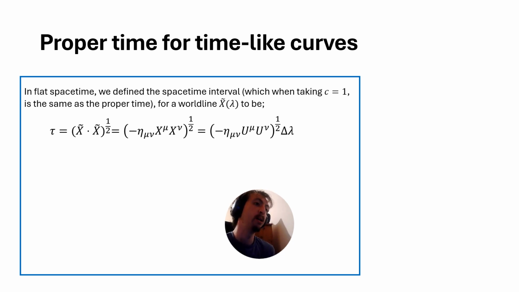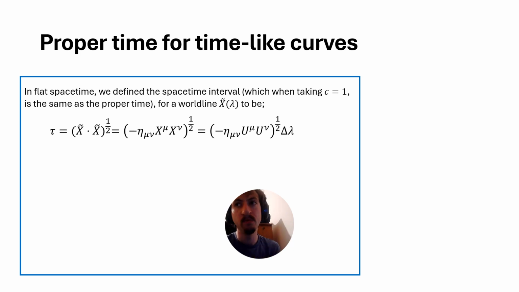Now it's worth saying, for flat space-time there are different ways of writing the proper time. We can either say it's the square root of the scalar product of full position with respect to itself, and I put in a tilde, a kind of curly wave above x, to denote that x is our full vector, so full position, and not position through ordinary space, for which I would use an arrow above the x.